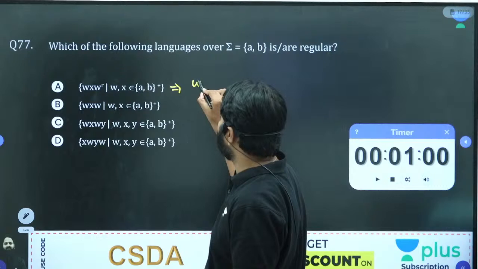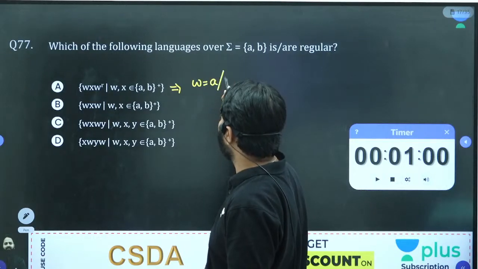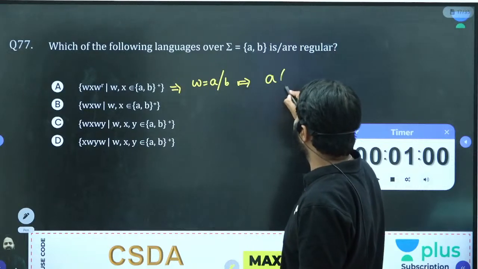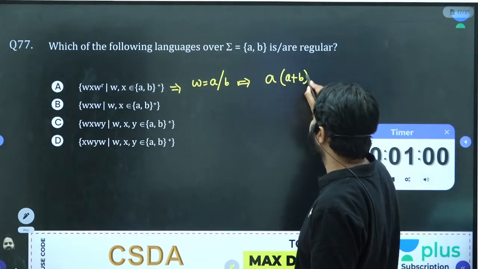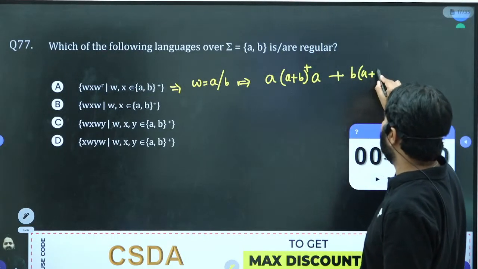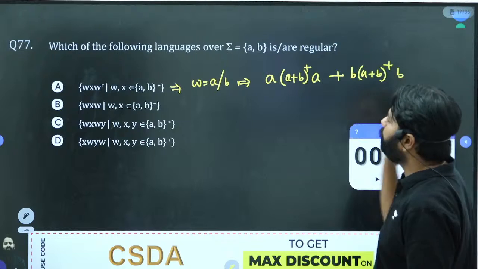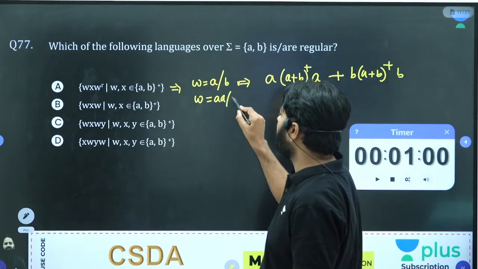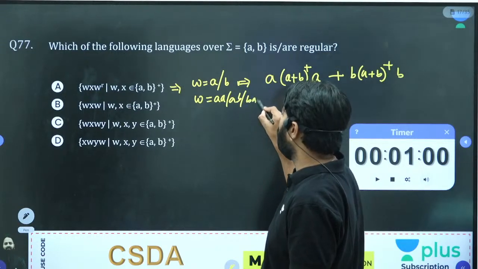Put w equal to either a or b. What happens? It happens something like this: a x a, where x is (a+b)+, or b x b. Now you put any w other than this, w equal to aa or ab or ba or bb.